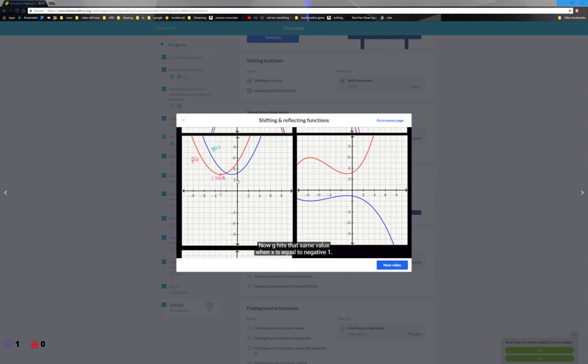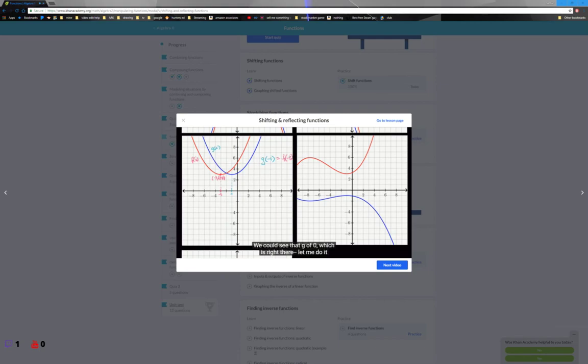Now g hits that same value when x is equal to -1. So let's think about this. g of -1 is equal to f of -3. And we could do that with a bunch of points.